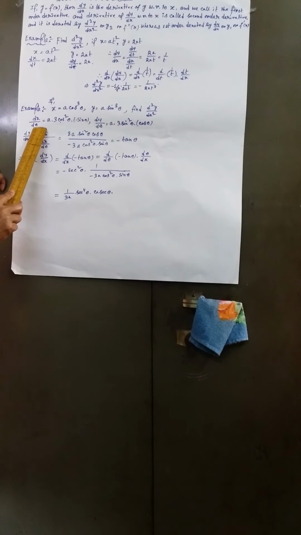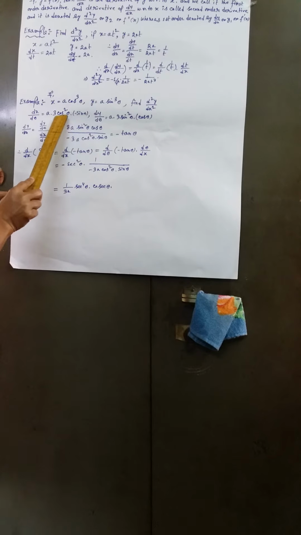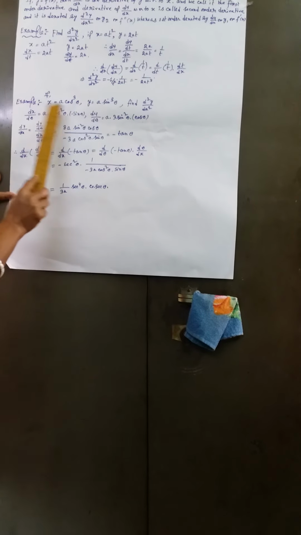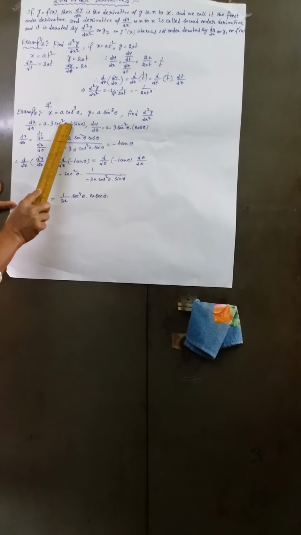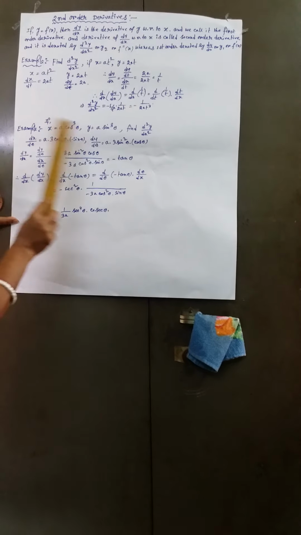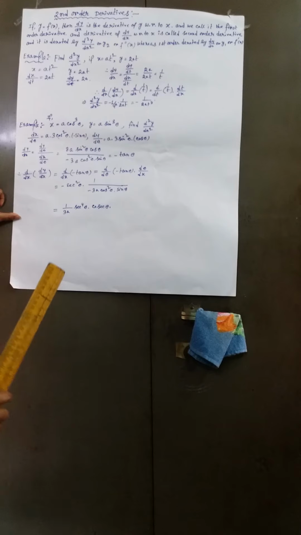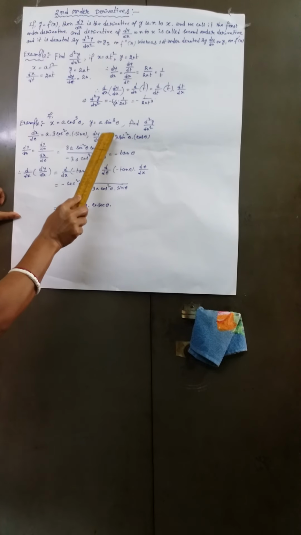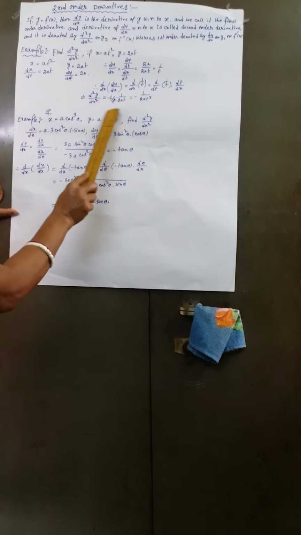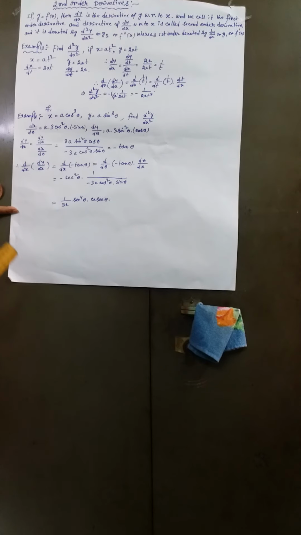So dx/d theta is equal to a into 3 cos square theta into minus sin theta, because the derivative of cos cube theta equal to 3 cos square theta into minus sin theta, and dy/d theta is equal to a into 3 sin square theta cos theta. dy/d theta equal to thrice a sin square theta cos theta, because the derivative of sin cube theta equal to 3 sin square theta cos theta.